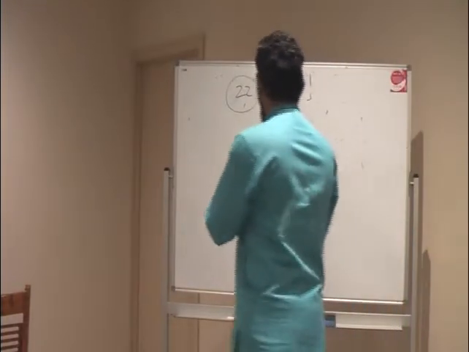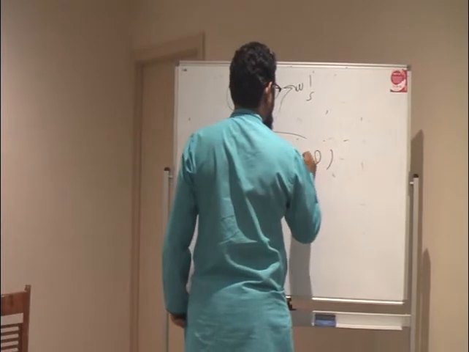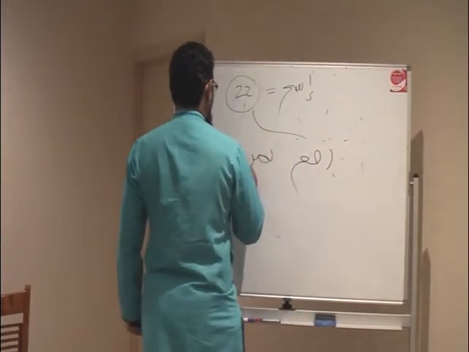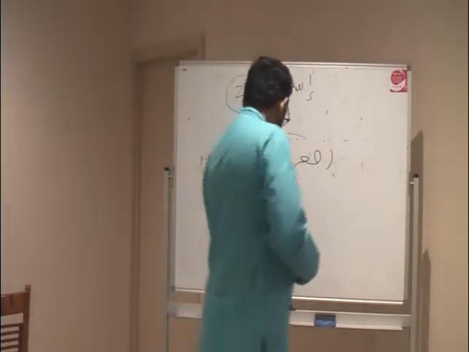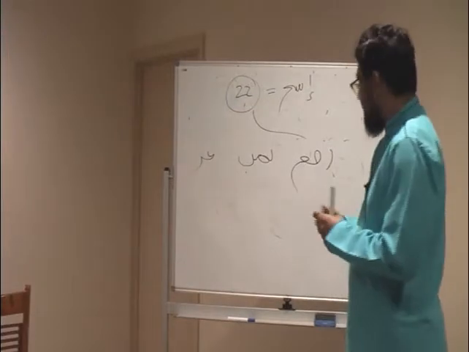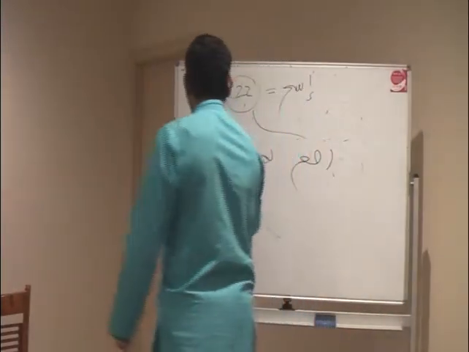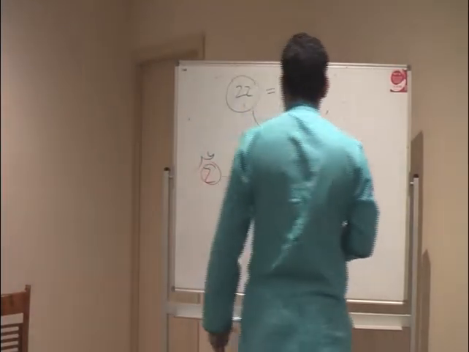So those 22 ways we're going to say is in Rafa, and we're going to say in Nasab, and in Jar. And what I will tell you, these 22 ways, in Jar, only 2 ways. So that's easy. We knew that already.